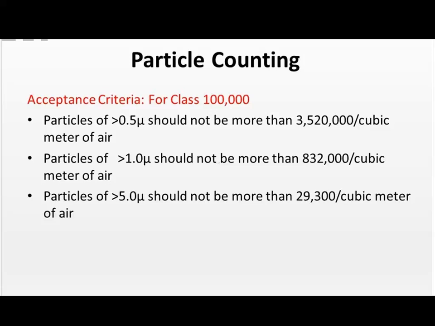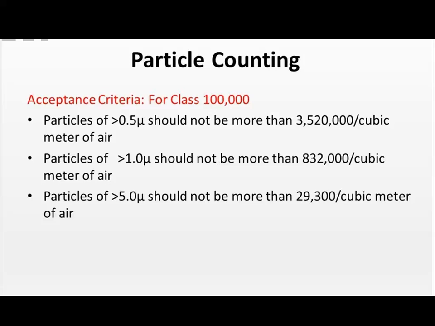If you're looking at particles that are greater than 1 micron in size, we should have no more than 832,000 per cubic meter of air. And particles of 5 microns in size should be no more than 29,300 per cubic meter of air.